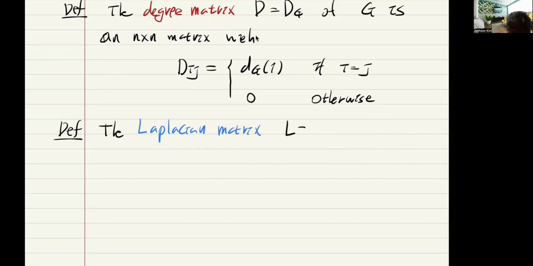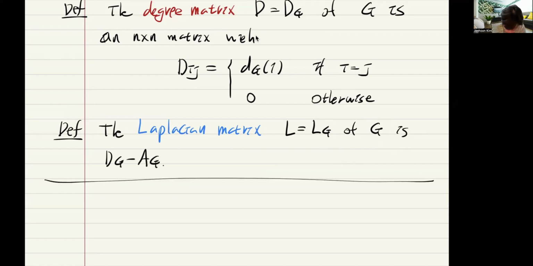We usually write L of G, which is the degree matrix minus the adjacency matrix. So these are some of the associated matrices we consider for a graph G.